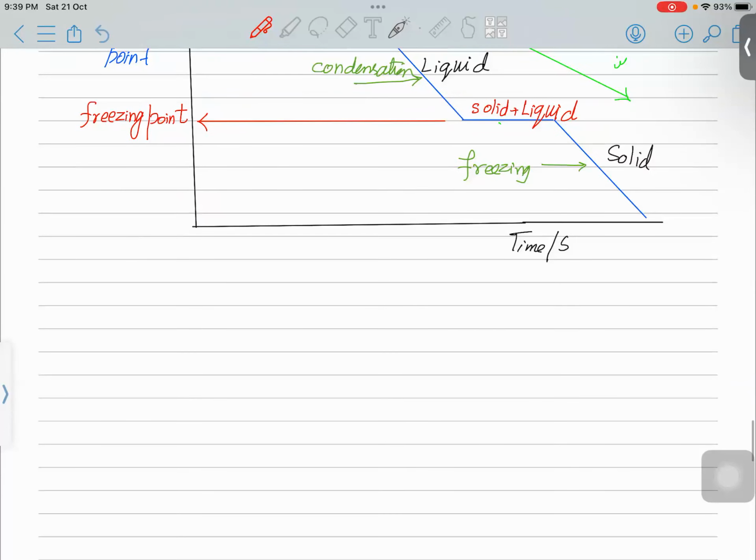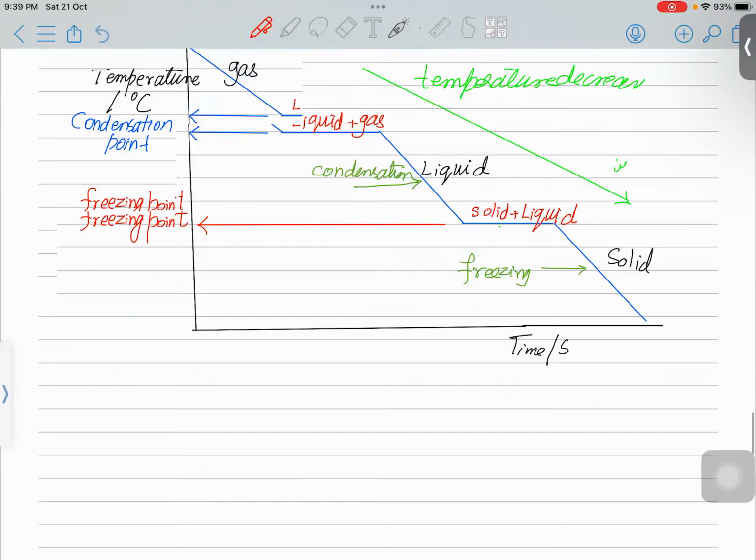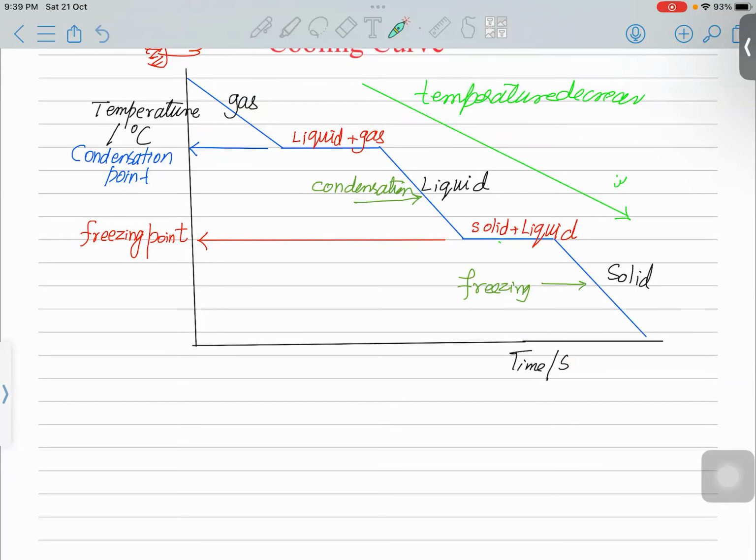So why does gas convert into liquid? When you decrease the temperature, you all know that gas particles are very, very energetic. When you decrease the temperature, they lose their energy.